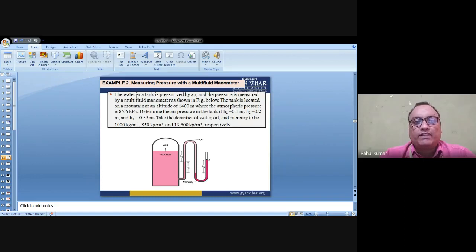Determine the air pressure in the tank if H1 equals 0.1 meter, H2 equals 0.2 meter, and H3 equals 0.35 meter. Take the densities of water, oil, and mercury to be 1000 kg per meter cube, 850 kg per meter cube, and 13,600 kg per meter cube respectively.